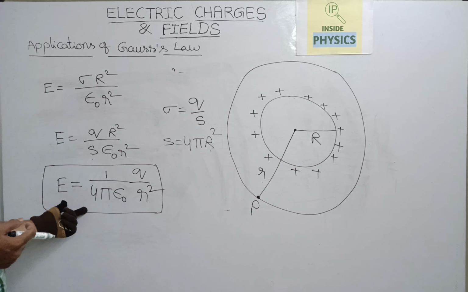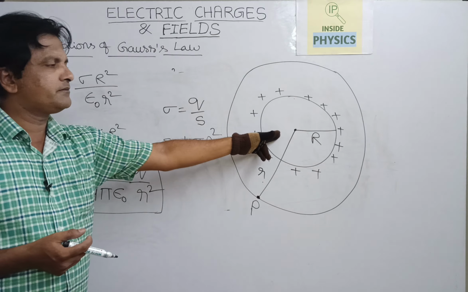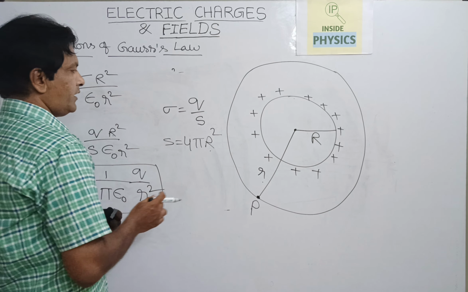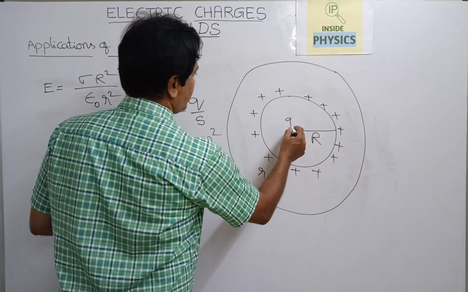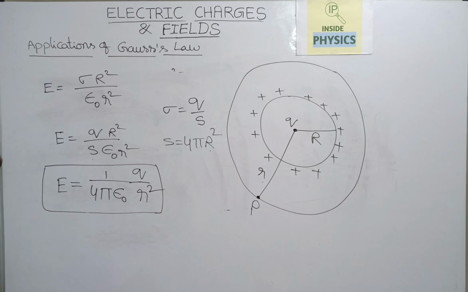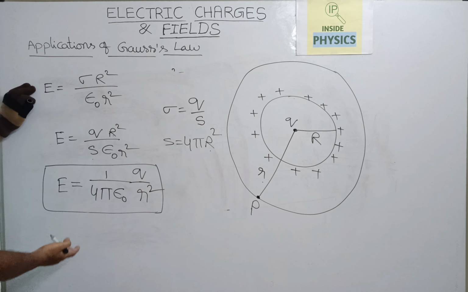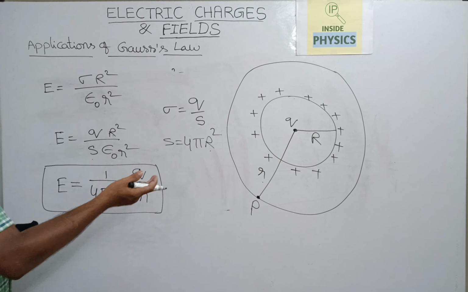So this is the electric field due to a point charge. The sphere is considered to be a point charge located at the origin of the sphere. So an electrically charged sphere can be considered as a point charge because we got the formula for a point charge. So next, this is for an outside point.